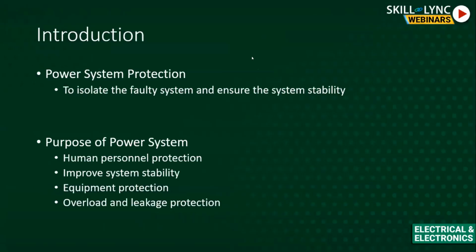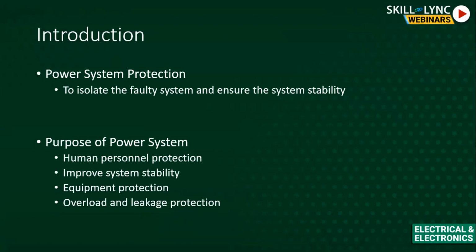So to start with the introduction, power system protection, the main function is to isolate the faulty system and ensure the system reliability or ensure the system stability. We all are aware that the power is being generated, transmitted over long distances and distributed. So the main idea is we definitely should also provide protection for such systems.